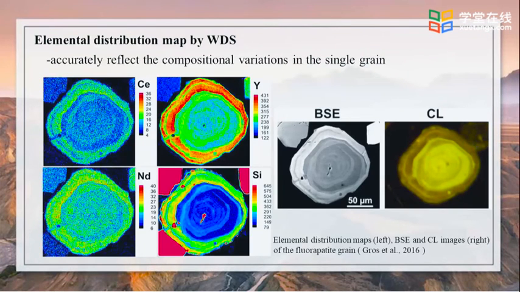The compositional zoning of minerals can be further demonstrated by elemental distribution maps obtained by wavelength dispersive spectrometer in EPMA. For example, the EPMA imaging of fluorine accurately reflects the compositional variations in the single grain and reproduces the zonation patterns seen in the backscatter electron image and CL images.